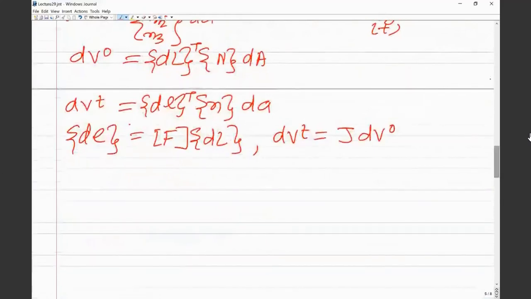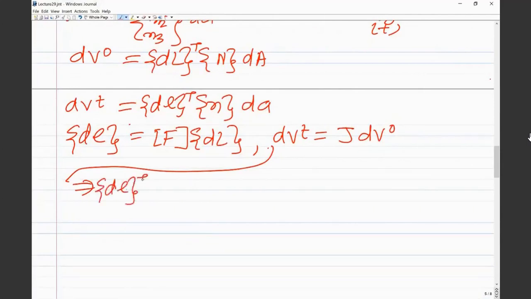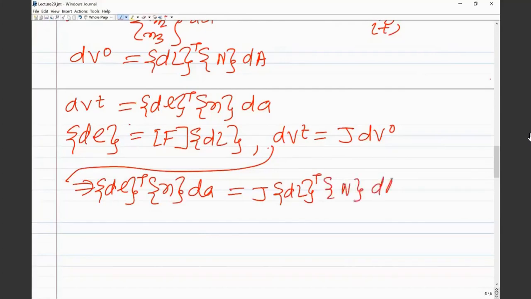Then we can write this relationship. dv is dl transpose into n into da. This is already equal to J into dV naught, and dV naught is capital dL transpose into N into dA. This we already know.